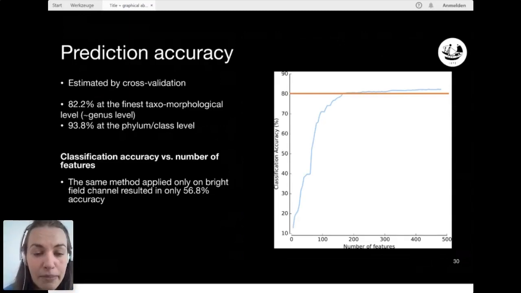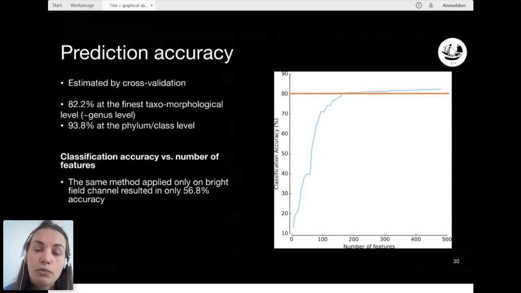When we apply the same method only on the bright field channel, so without the fluorescence information, the same method resulted in only 56.8% accuracy. So the fluorescent labeling really adds value for detecting taxonomic traits.